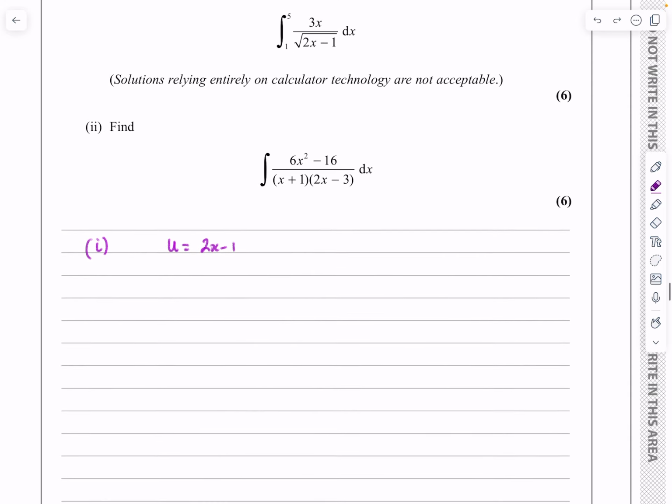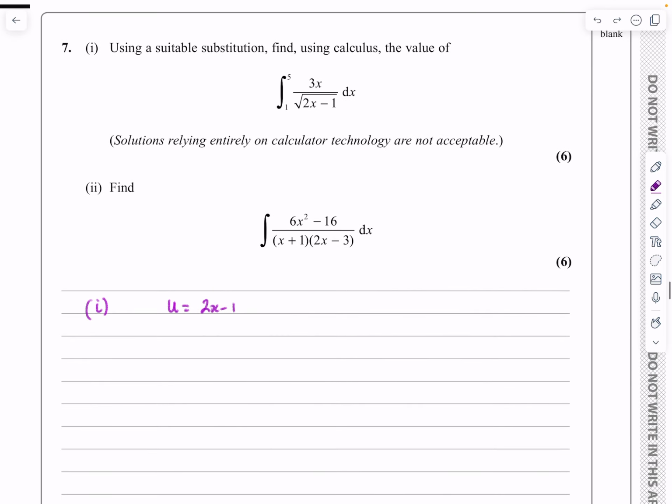Let's just go ahead and actually do all those things. Anytime I do any substitution question, it's always the dx part that I attack first in case it causes problems for anything else. It won't with my substitution. So du by dx works out to be equal to 2. I can rearrange that, and I'll get dx is equal to du over 2.